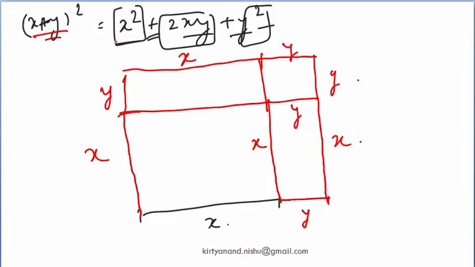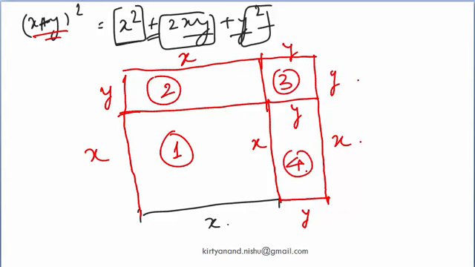Now x plus y whole square is nothing but this entire area, which is the area of region 1 plus region 2 plus region 3 plus region 4. By the simple law of mensuration, the area of region 1, since this is a square of side x, is x square. This is a rectangle with one side x and the other y, so this is xy.